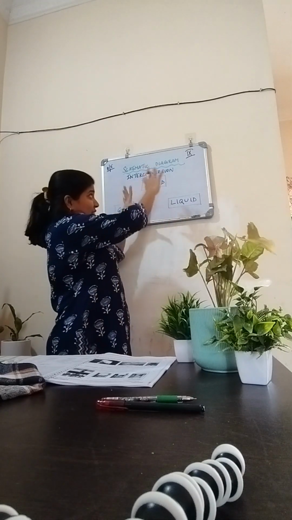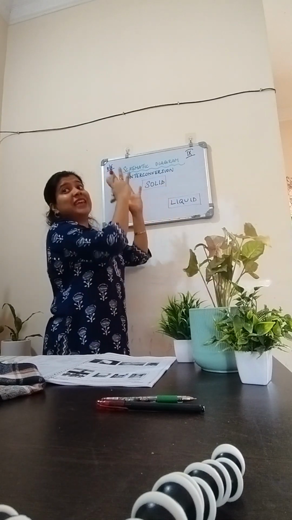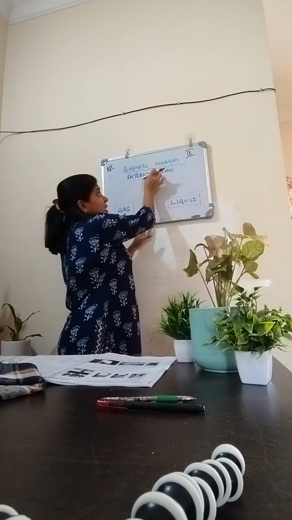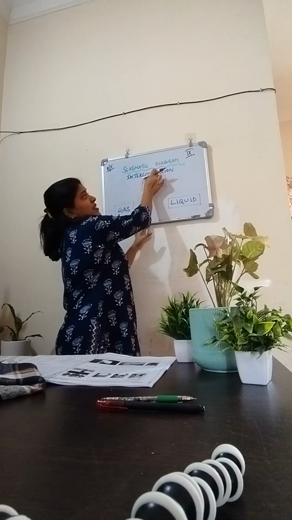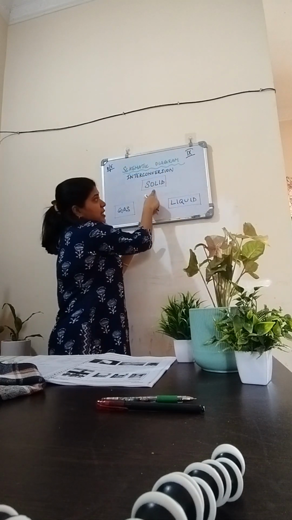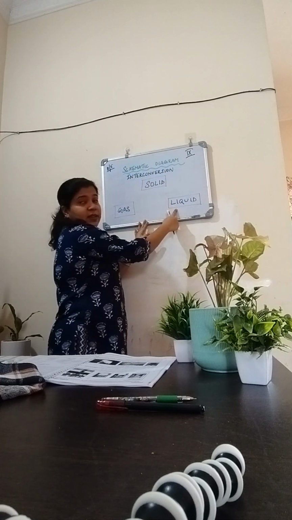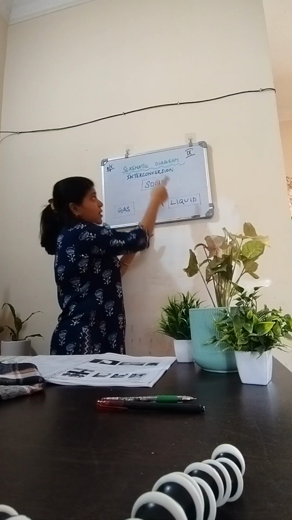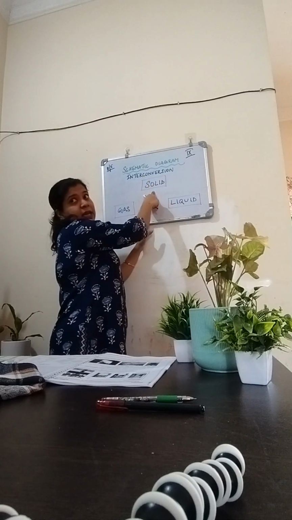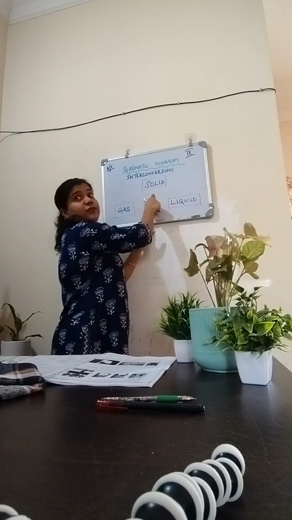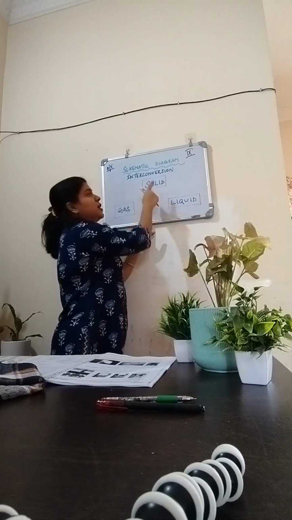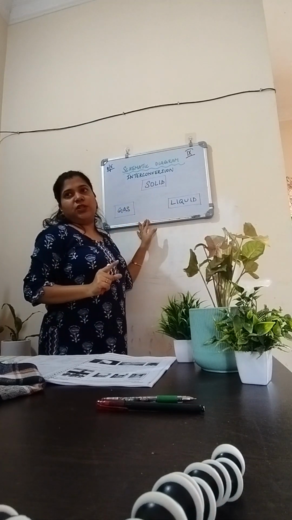So basically everything is interchangeable, it's a cycle. Interconversion of states of matter means when one state can change to another state and back to its original state, by application of temperature and pressure.